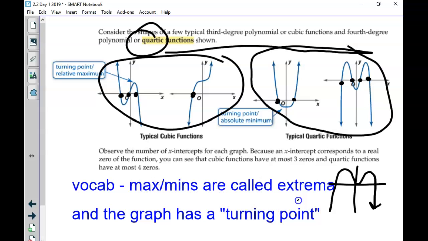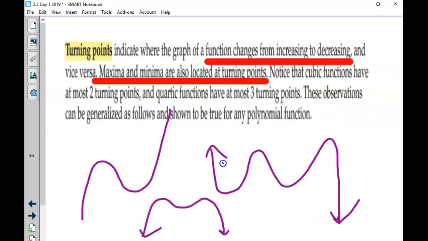Maximums and minimums are called extrema. I've heard it pronounced both ways. And the graph has a turning point when we have an extrema, okay? The number of turning points is where the graph changes from increasing to decreasing, and they are called maximums and minimums.